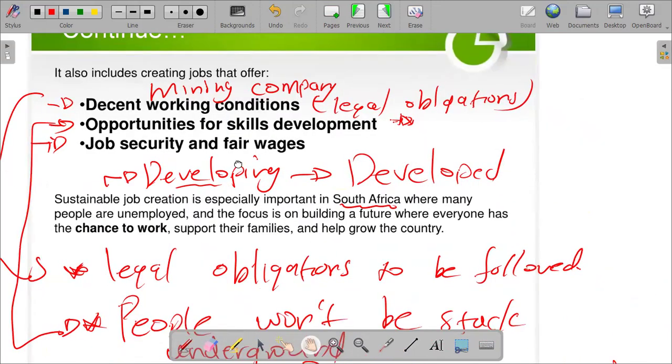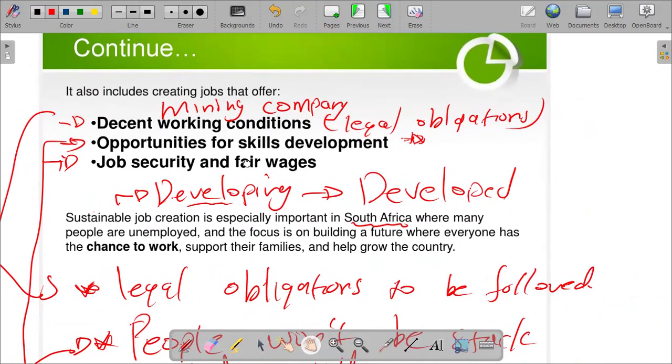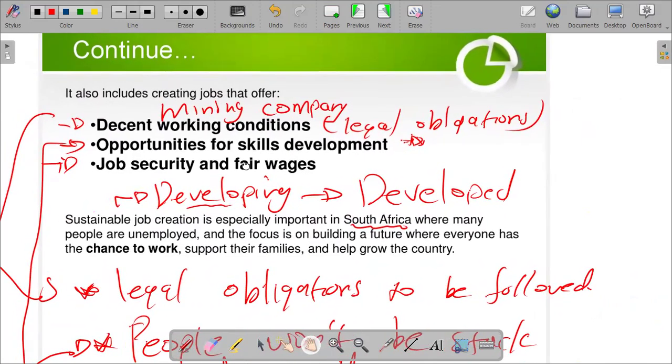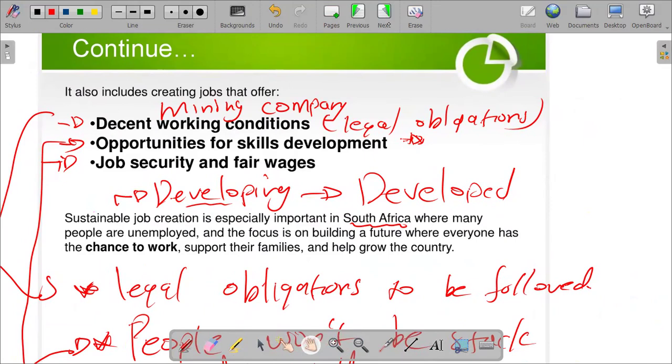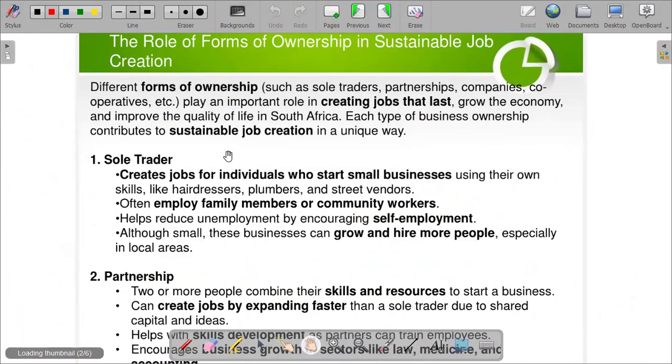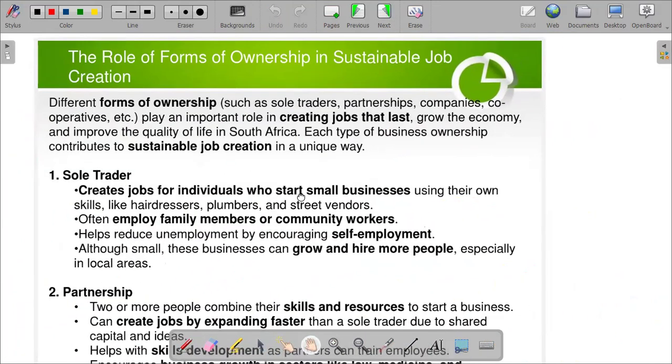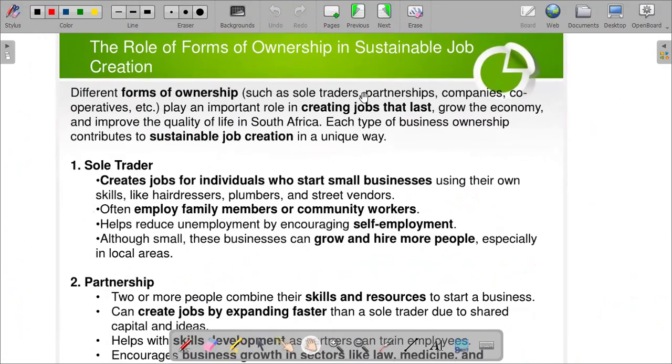So that is what sustainable job creation is about. And then as we move on to the next page, now we talk about the role of forms of ownership in sustainable job creation. Remember, as I said, guys, go back and watch the videos. There you will learn more about the forms of ownership.